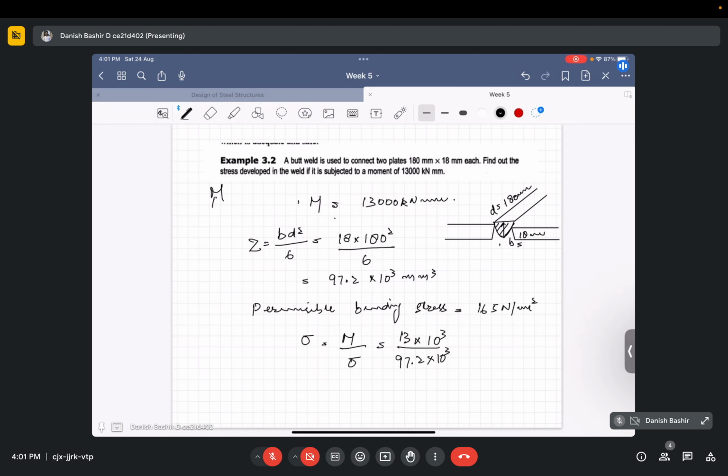Make sure you are consistent with the units. It comes out to be 133.74 megapascal, which is less than 165 megapascal. Hence the stress coming on our butt joint is less than the permissible stress, so it is safe.